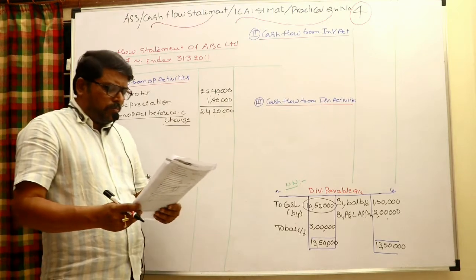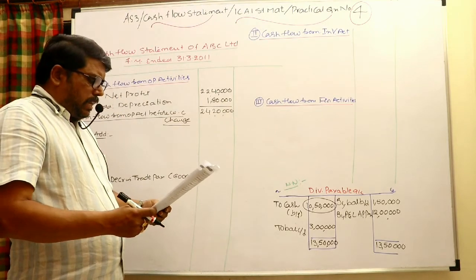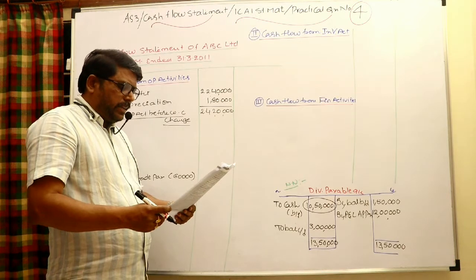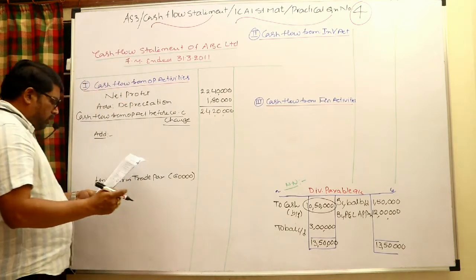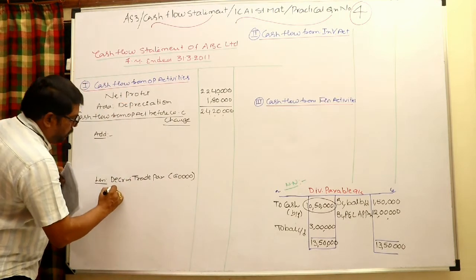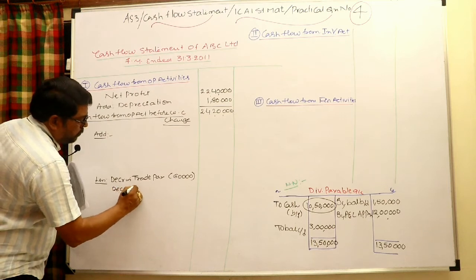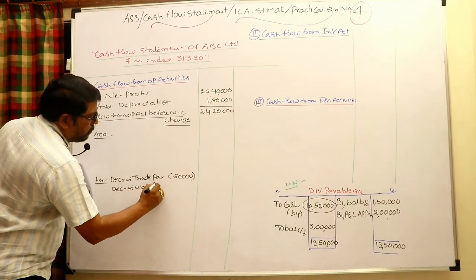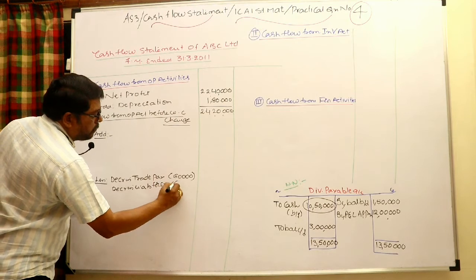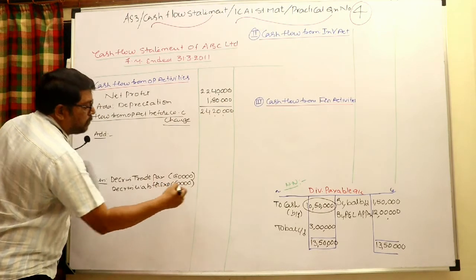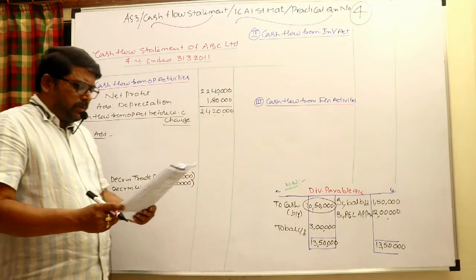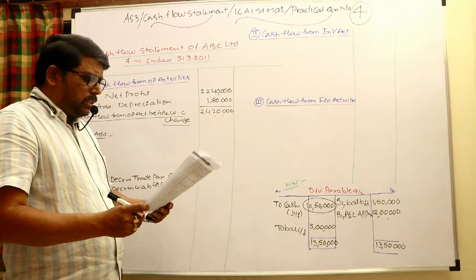Next, liability for expenses is also decreased by 60,000, an outflow. Decrease in liability for expenses is an outflow of 60,000 also.